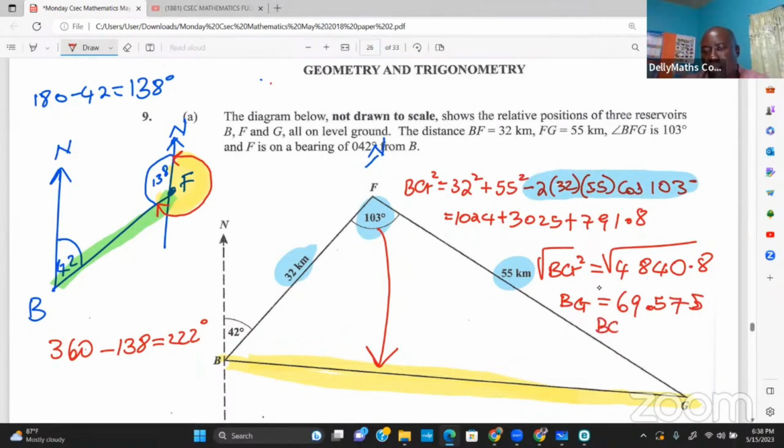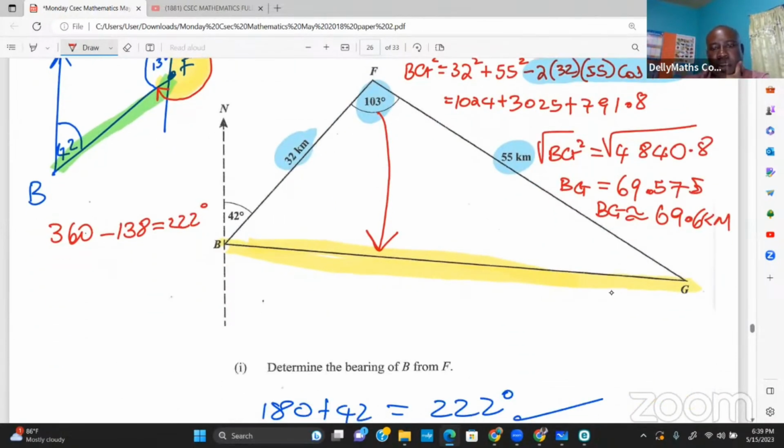So BG is approximately 69.6 kilometers. As you could see here, we are doing some tricks, and you're applying yourself. The main thing is no error. Try not to make any error as you flow.